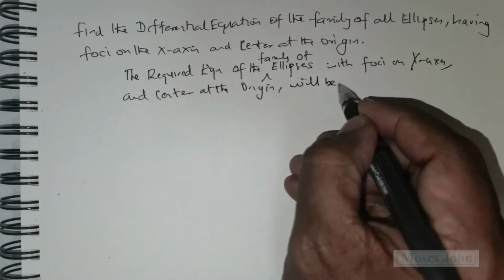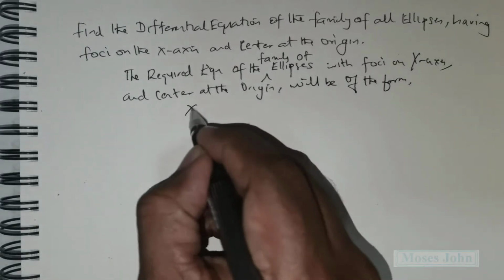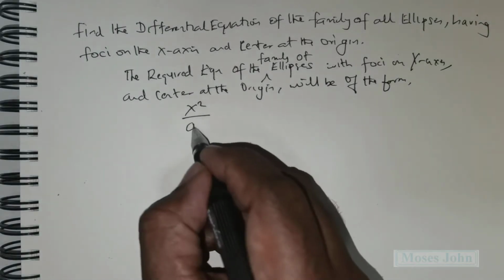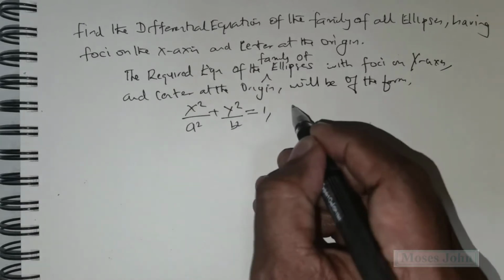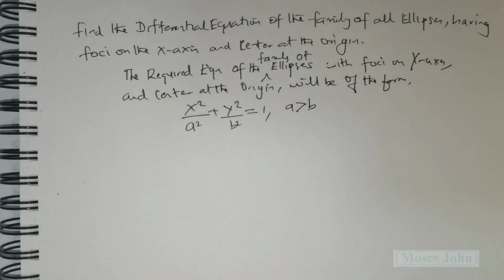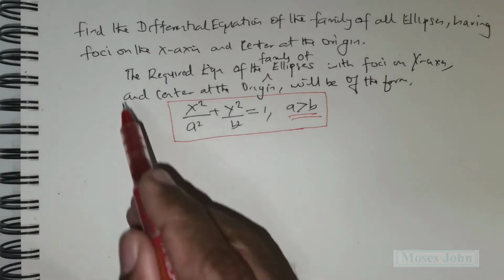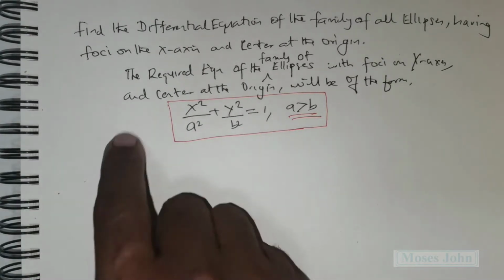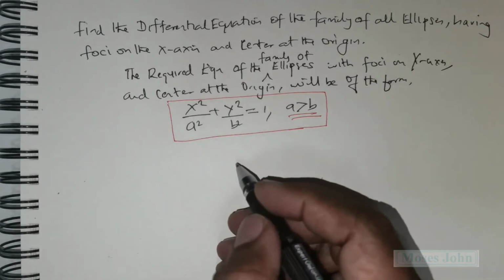will be of the form x squared over a squared plus y squared over b squared is equal to 1, where a is greater than b. So this is a very important step along with the formula. Okay, so after you have written this, we are going to be differentiating.